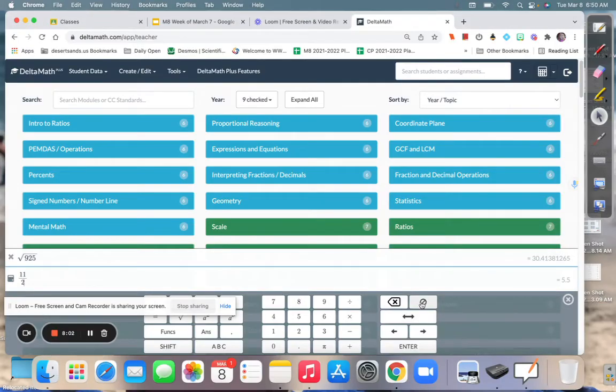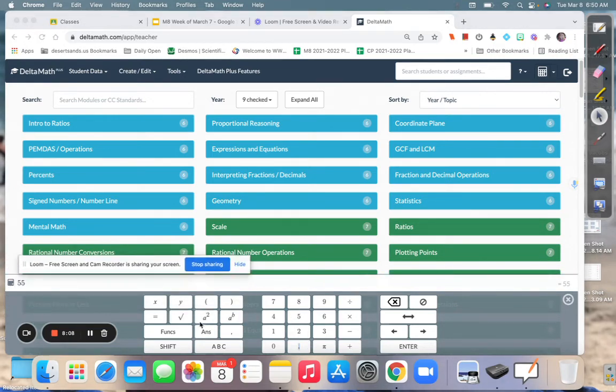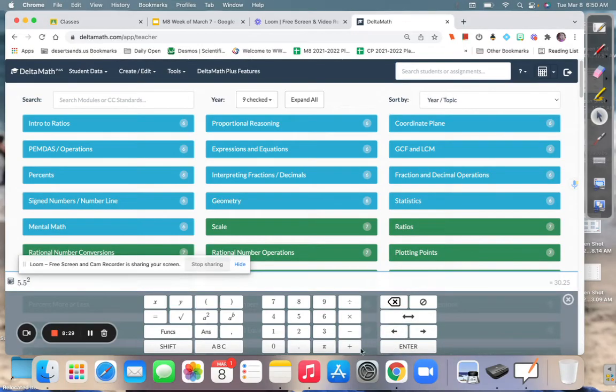We'll come back to our calculator. And so we have 5.5 squared, and we get 30.25 plus 225 equals C squared. We'll add that up in the calculator.